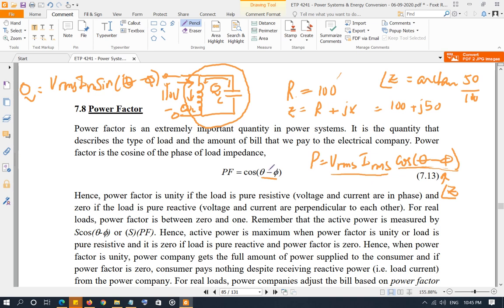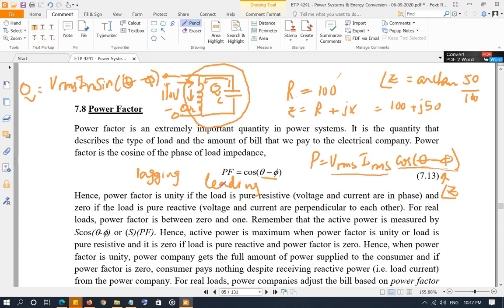That's a problem. To deal with that problem, we add lagging or leading power factor. It is extremely important that you state whether the power factor is lagging or leading. What does that mean? That goes by whether current is leading the voltage or current is lagging the voltage.